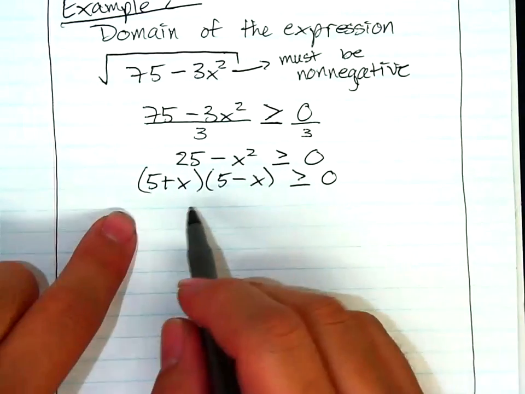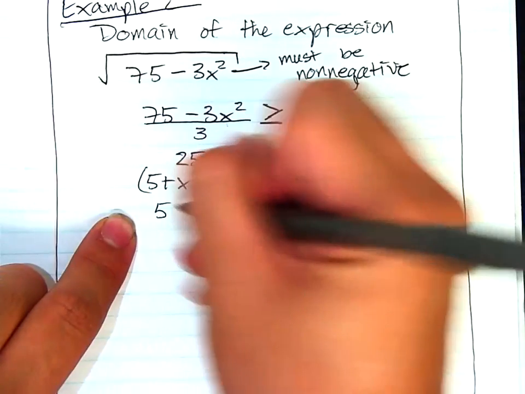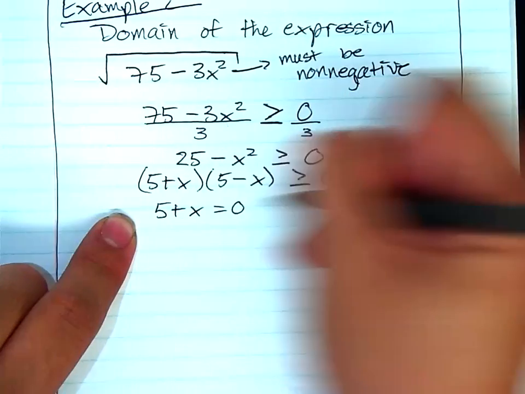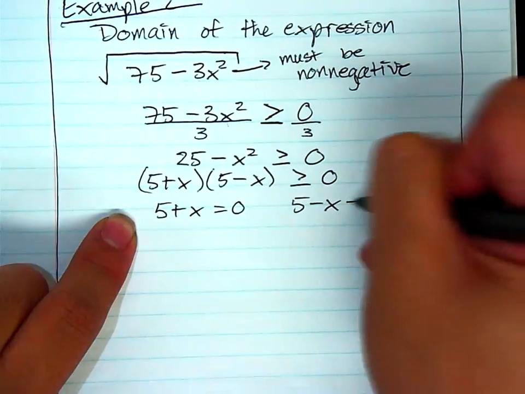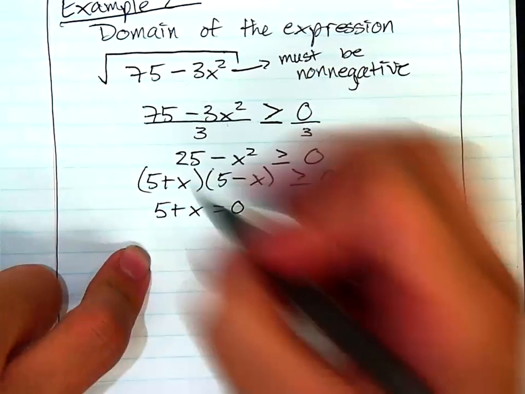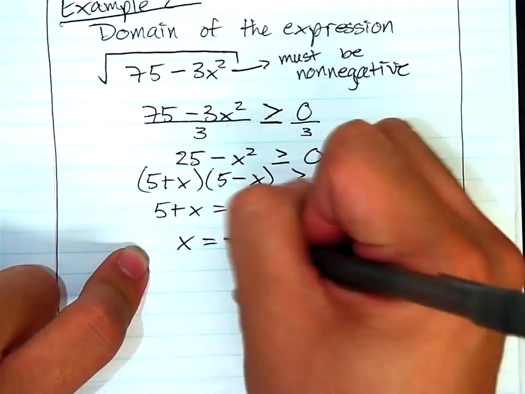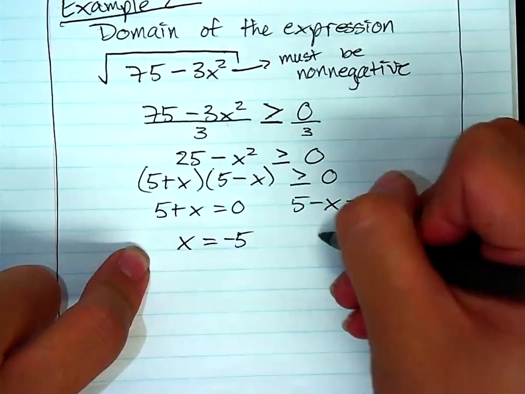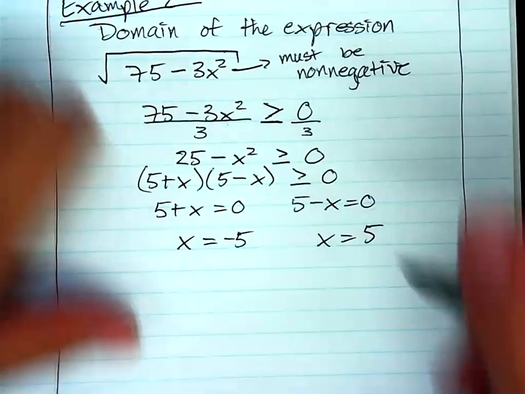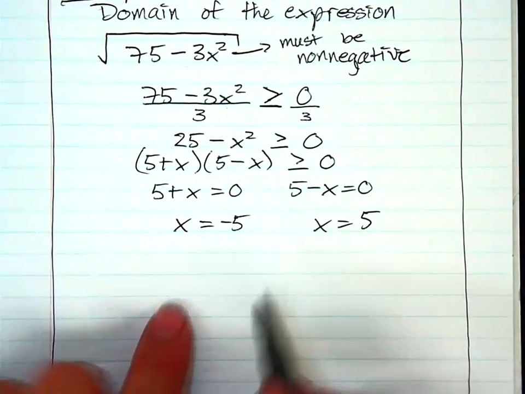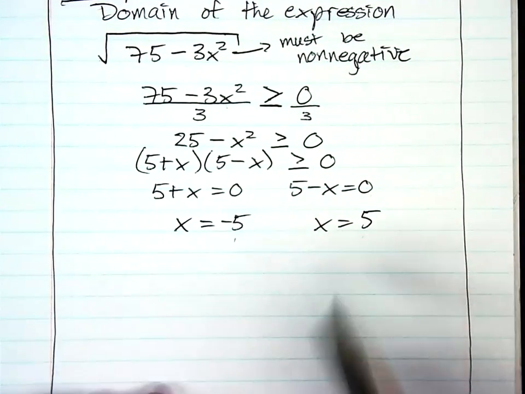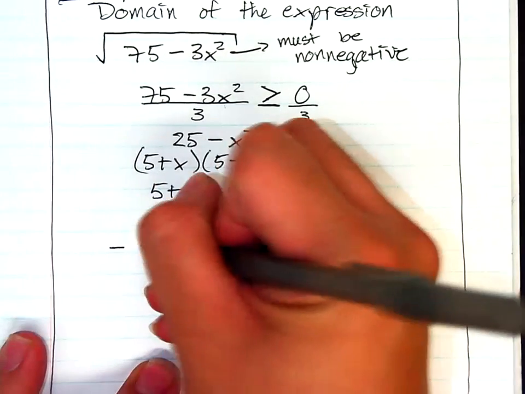And again, I'm going to try to find my critical points. So I have 5 plus x equals 0, 5 minus x equals 0. Here I get x equals negative 5, and here I get x equals positive 5. So my critical points include negative 5 and 5, and then of course I also have negative infinity and positive infinity.